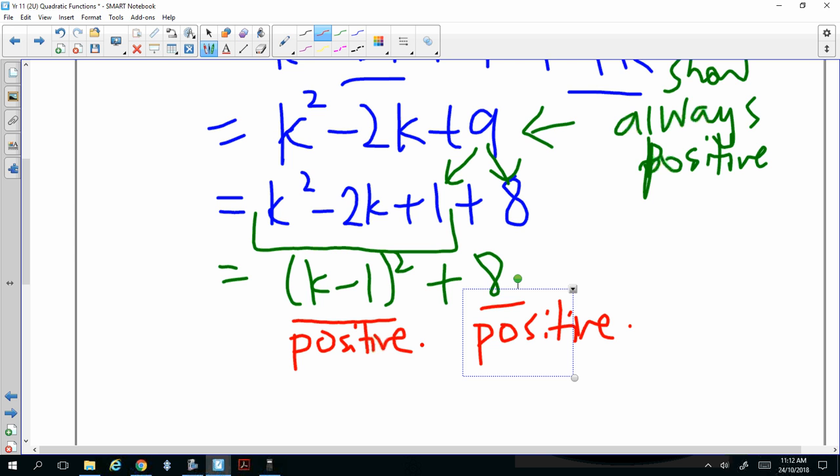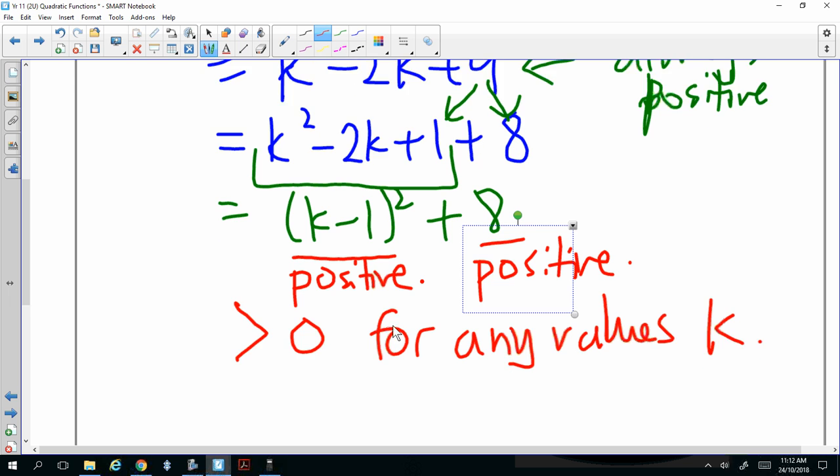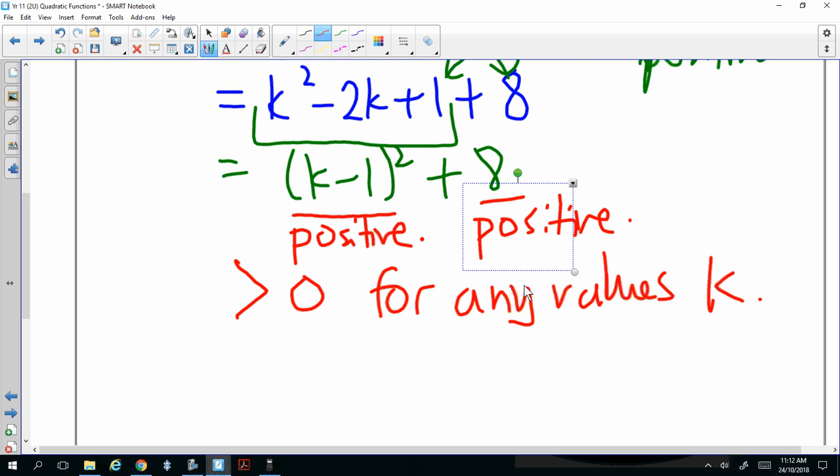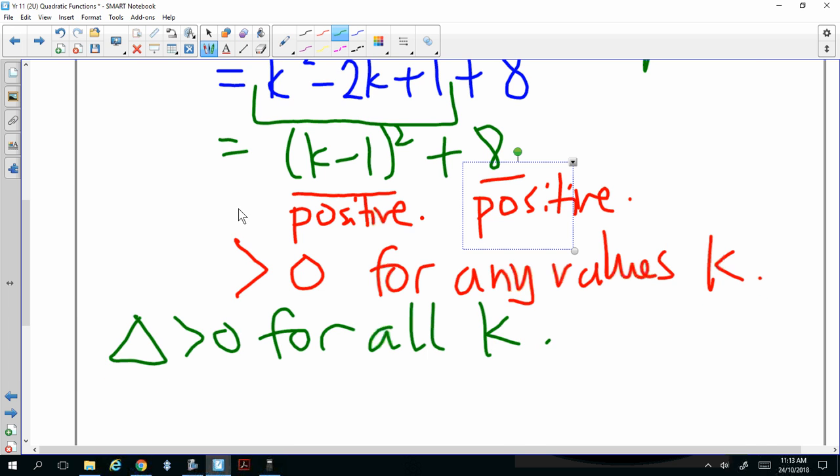And why is this special? If it's positive for any value of k, it means the discriminant is always positive for all k. And if the discriminant is positive for all k, that tells you the quadratic equation always has real roots, real solutions, for all values of k.